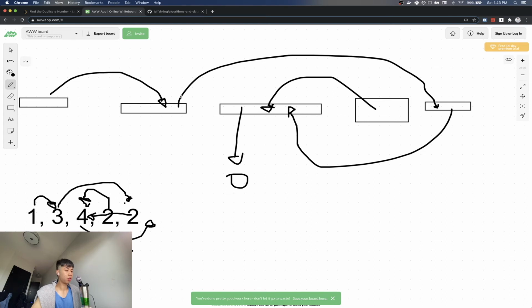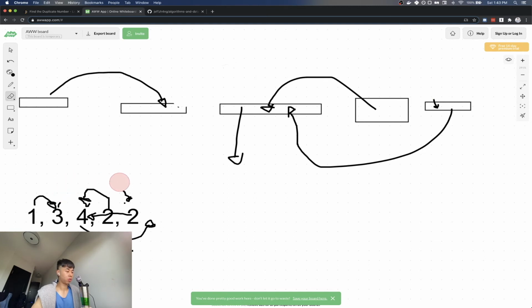Sorry, this shouldn't be happening right here. This should be pointing to this node right here. So we have bam, bam, bam, bam. And then what's pointing to 4? 0, 1, 2, 3, 4.